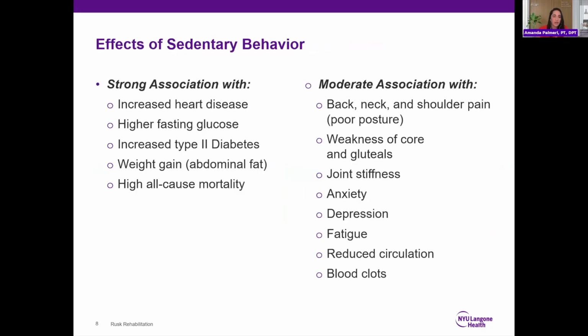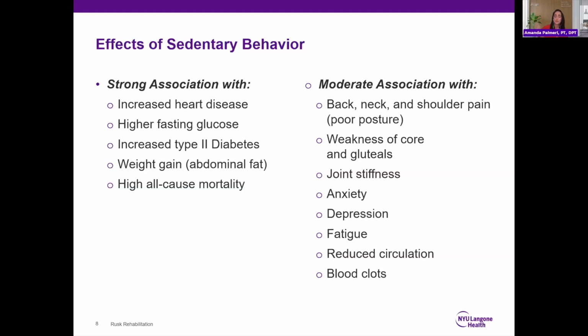We know that sedentary behavior has strong association with increased heart disease, a higher fasting glucose, increased type 2 diabetes and weight gain, as well as all-cause mortality. And that there's moderate association between things like back, neck, and shoulder pain, weakness of certain muscles like our core muscles and our glute muscles, joint stiffness, some mood disturbance, fatigue.